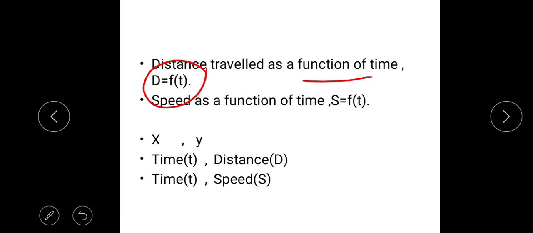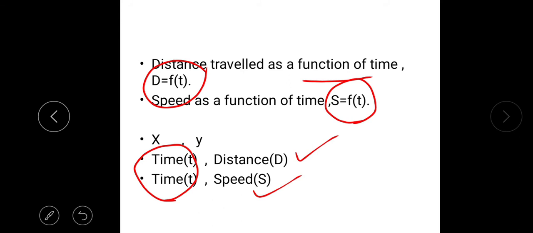Also, we can say the speed as a function of time, and this can be denoted by s is equal to f of t. So in this case, the input values are time, that is denoted by t. So the x value will be t and the corresponding output will be the distance d in the first example and speed s in the second example.